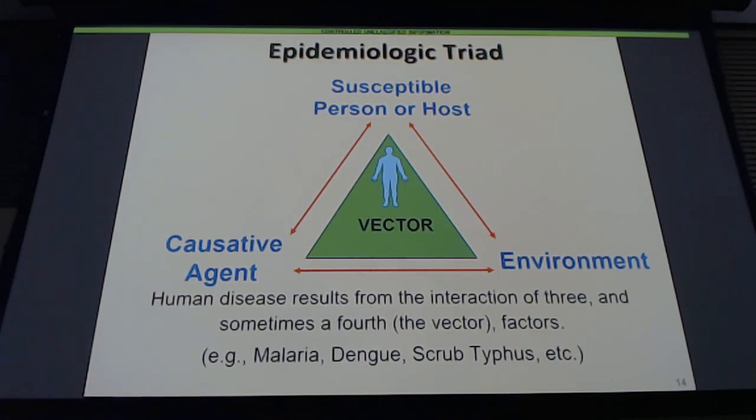The agent can be anything from bacteria, viruses, parasites, fungal, chemical agents. Be a whole bunch of different things. Right? And the host has a whole bunch of different things that would make them susceptible.